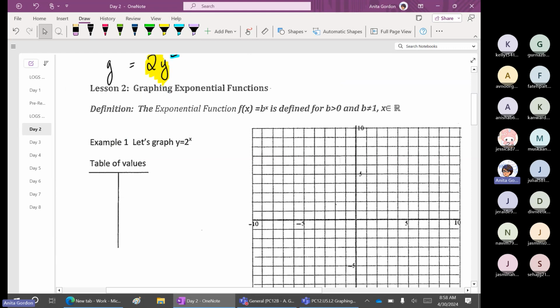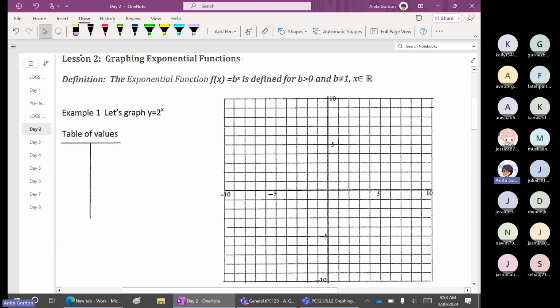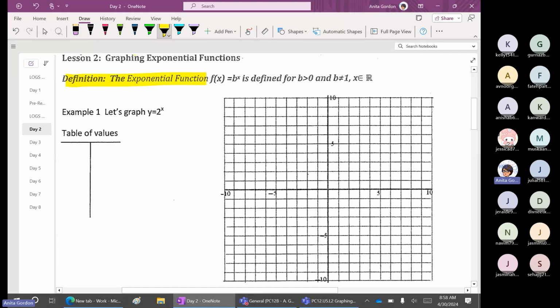By definition, here's the official definition of an exponential function. It is defined for b greater than 0, but cannot be equal to 1 because 1 to any power is 1. That just gives you a straight line, right? And x can be any of the real numbers.